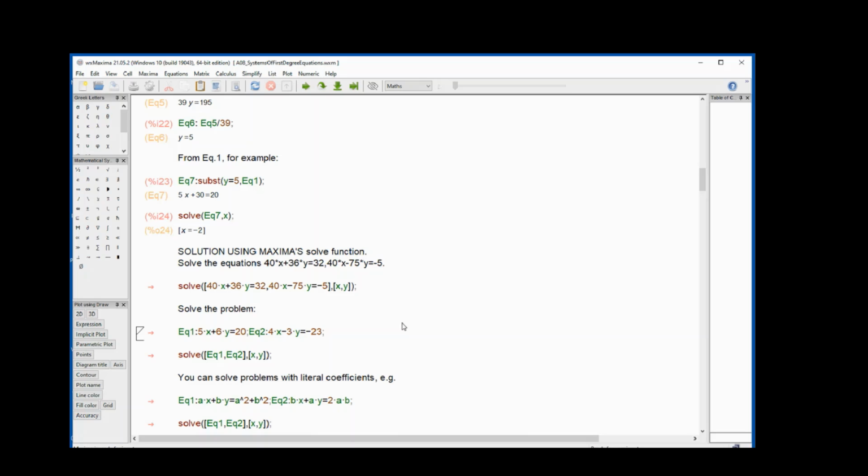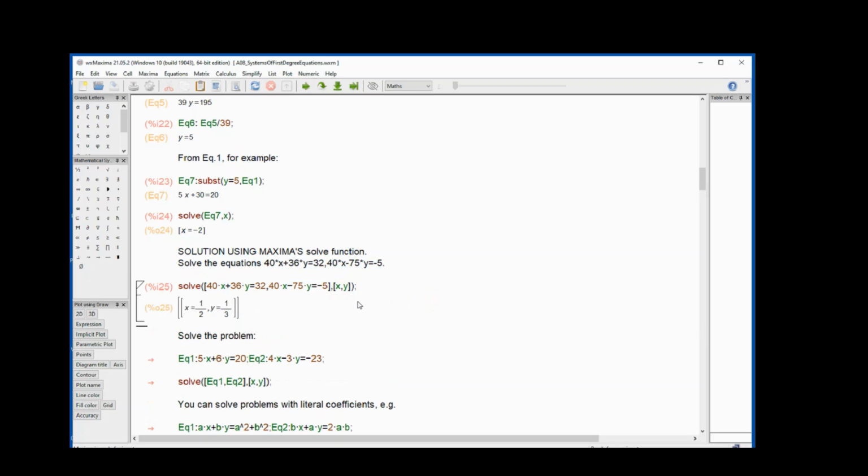if we want to use Maxima, what we can do is put the two linear equations into a list and put the variables to be solved for in another list. And so we're solving those two equations for x and y, we find x equal 1/2, y equal 1/2.